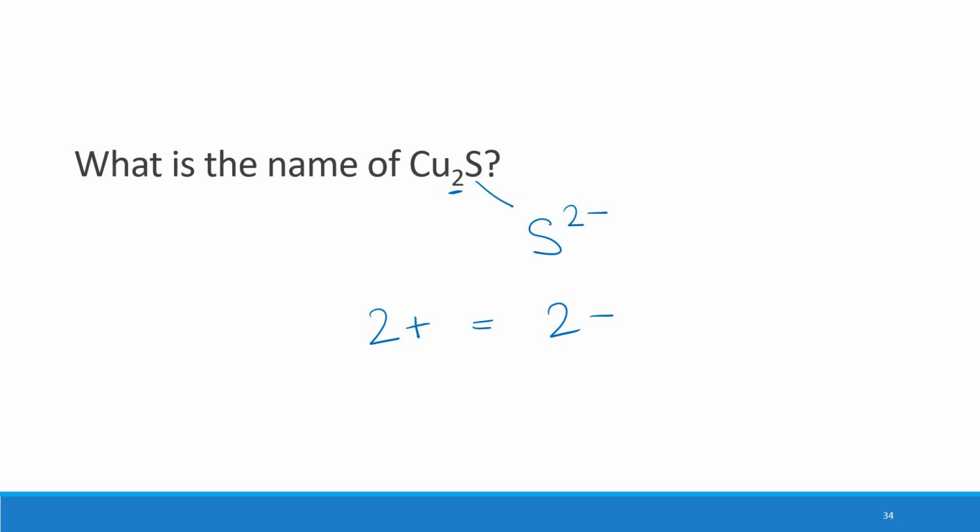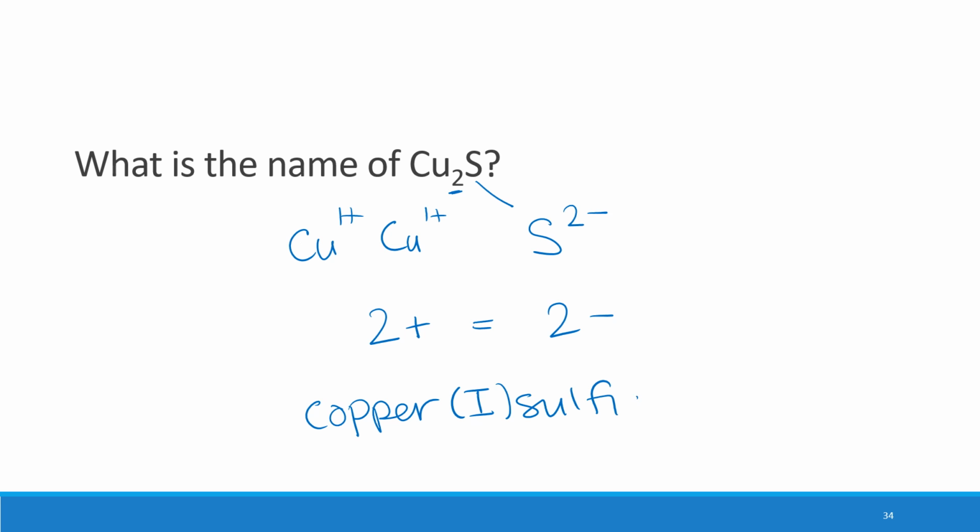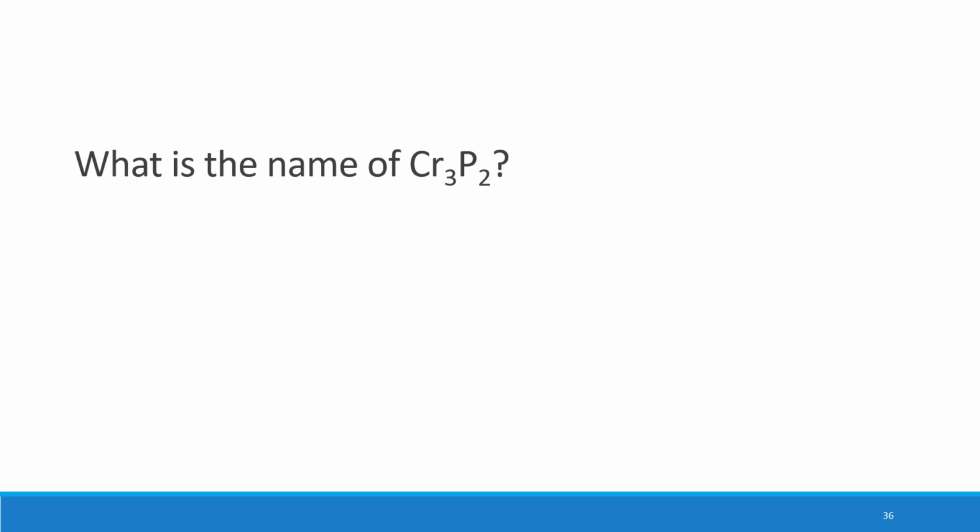And so for 2 coppers, to make a total charge of 2 plus, both of them must have a 1 plus charge. And so that means that this is copper(I) sulfide. Okay. So the 2 is how many copies of the ion there are, not the charge on the ion. So be super careful there. Right.